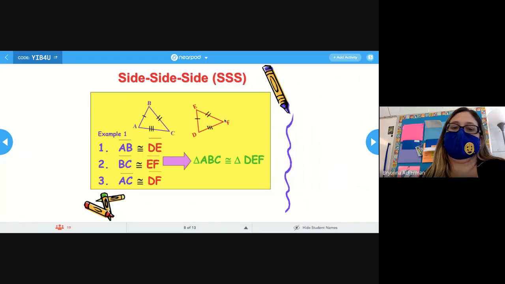BC is congruent to EF, that's a second side. And then AC is congruent to DF, that's a third side. Since I have 3 sides that are congruent, I can say for sure, because of this postulate, that these triangles are congruent. Okay? Any questions on that one? Okay.